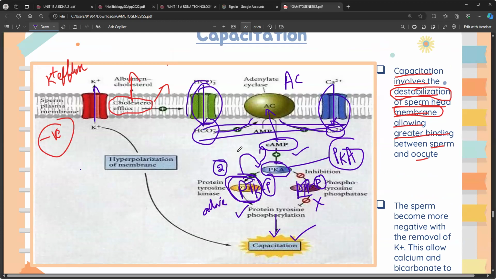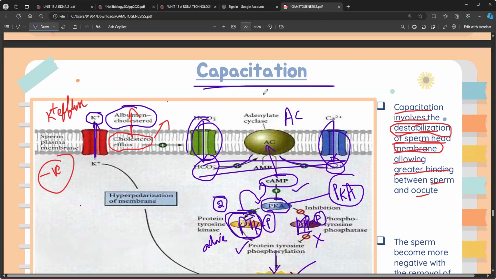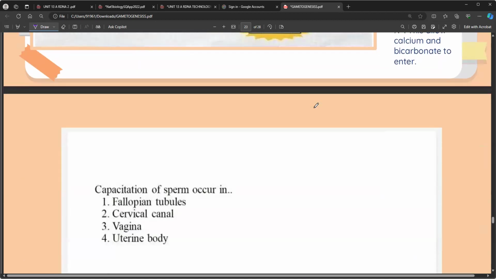Bicarbonate and calcium are entering inside by the efflux of potassium. Potassium is going out upon removal of albumin and cholesterol. This is a simple signaling process that is involved in capacitation. No point of getting confused over there.